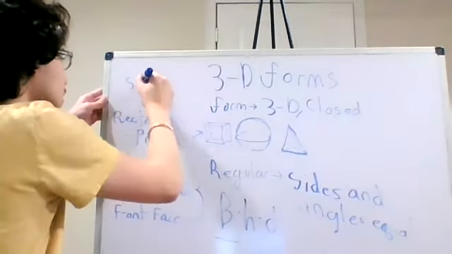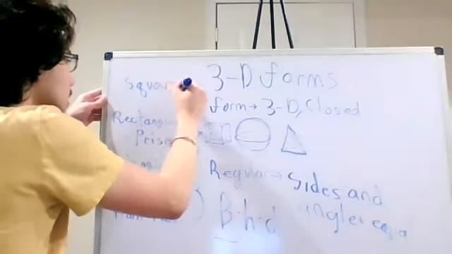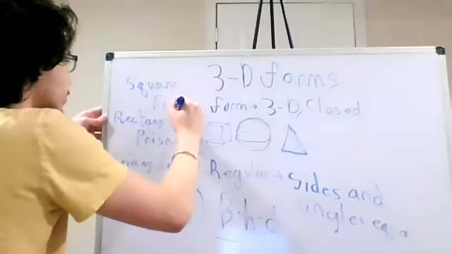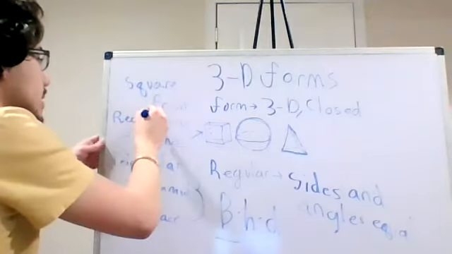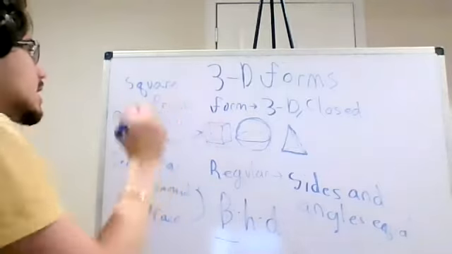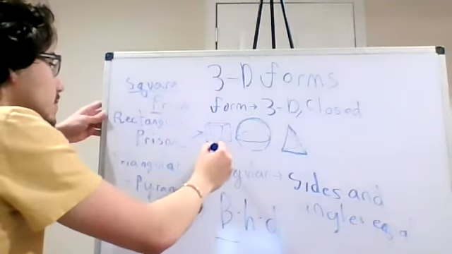We'll write it up here. Square prism. We say it's a square prism because we said just now that the prism refers to the side of the shape and the square refers to the base of the form.